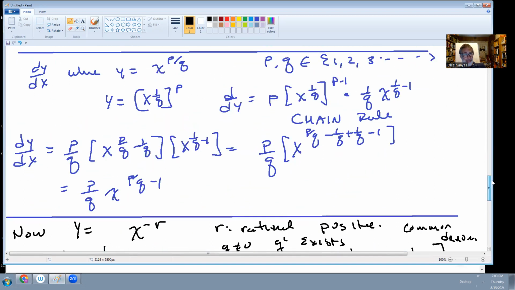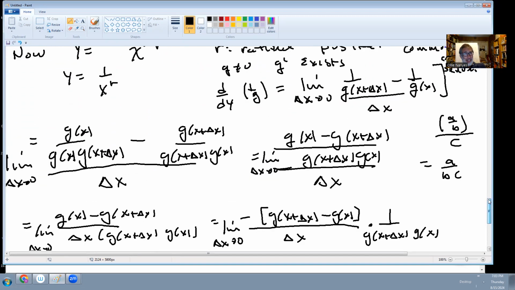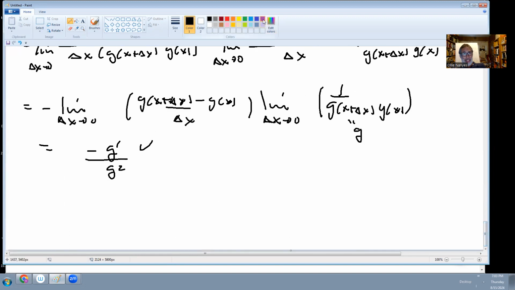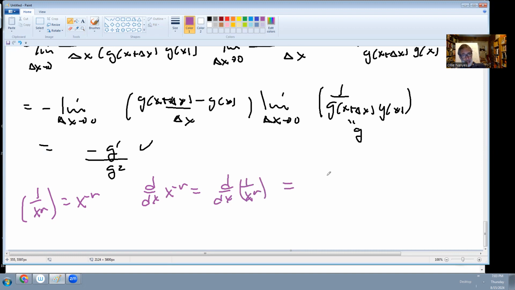So finally, to calculate x to a negative power, if we wish, so now using that, I take 1 over x to the r, which is x to the minus r. And let's say we want to differentiate it. That's going to be the negative of the derivative, divided by x to the r squared.